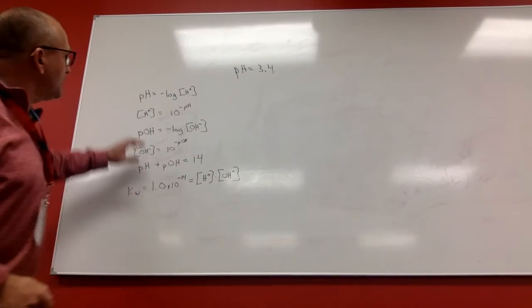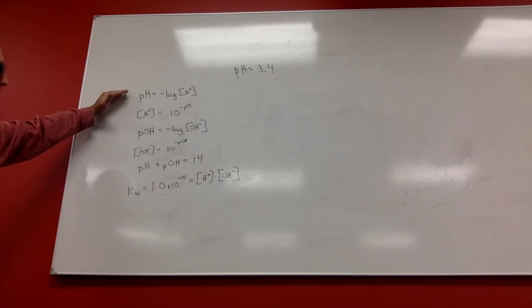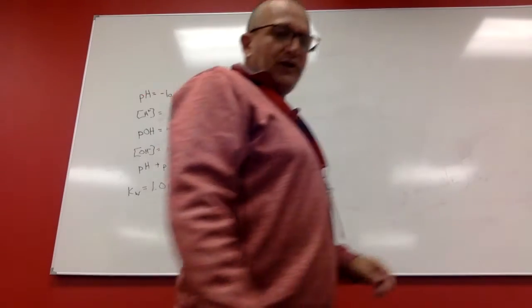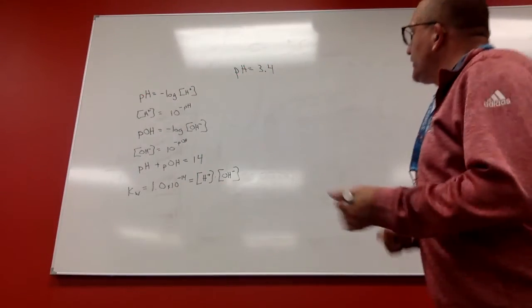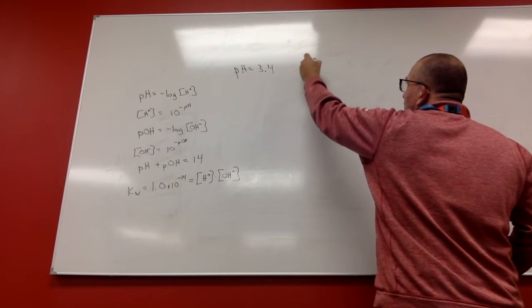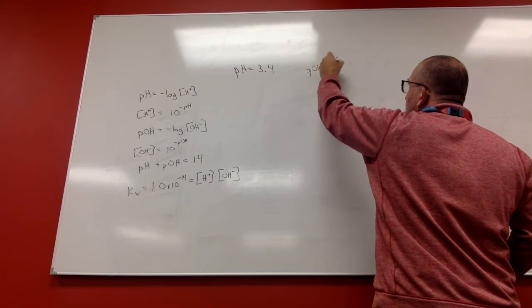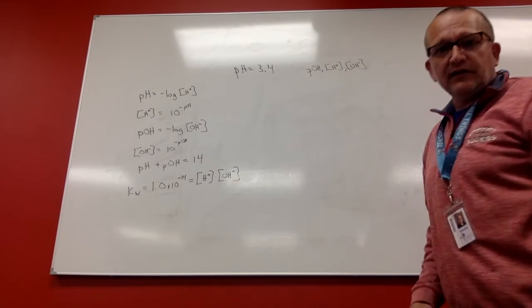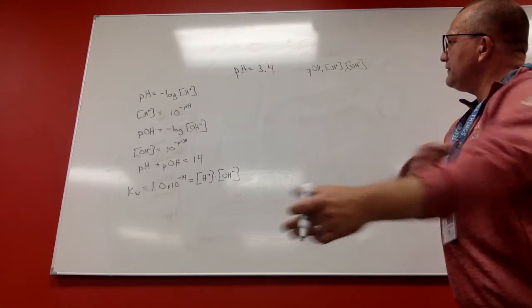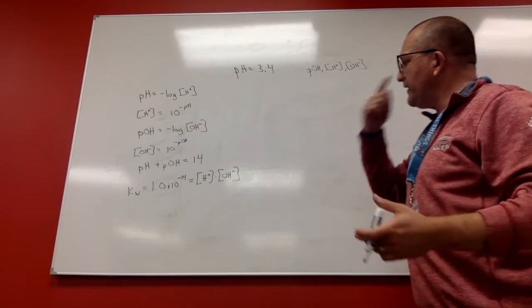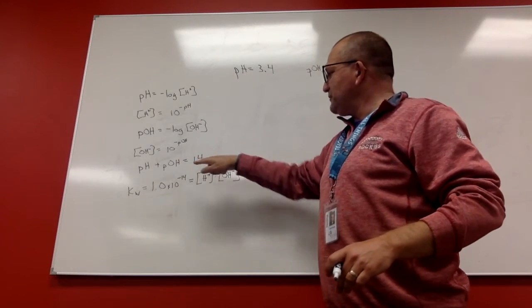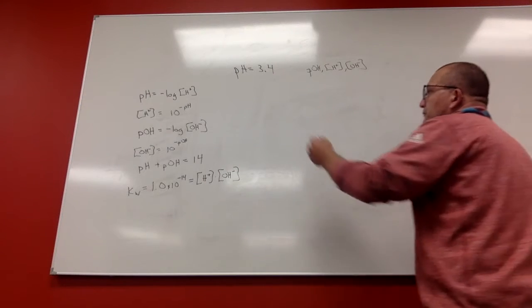Do it now. All right, so here are our formulas that we talked about. And all we know is we have a pH of 3.4, and we are trying to find pOH, hydrogen ion concentration, and hydroxide ion concentration. To do that, I just refer to what I know. Since I know the pH, and I know that pH plus pOH equals 14, finding pOH is pretty simple.